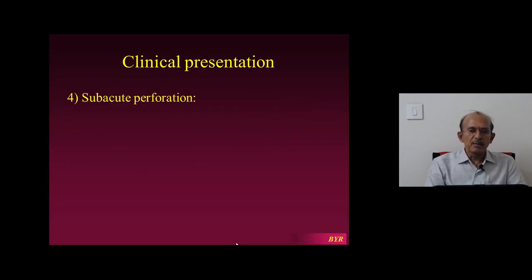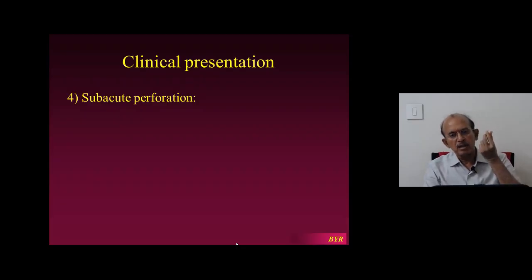And the fourth variety is the subacute perforation, where the perforation is very, very small, just like a pinhole. When such a small pinhole is there, what happens? There will be 1 or 2 bubbles of fluid coming out, not a gush of fluid. So just 1 or 2 bubbles cause a local inflammatory reaction.